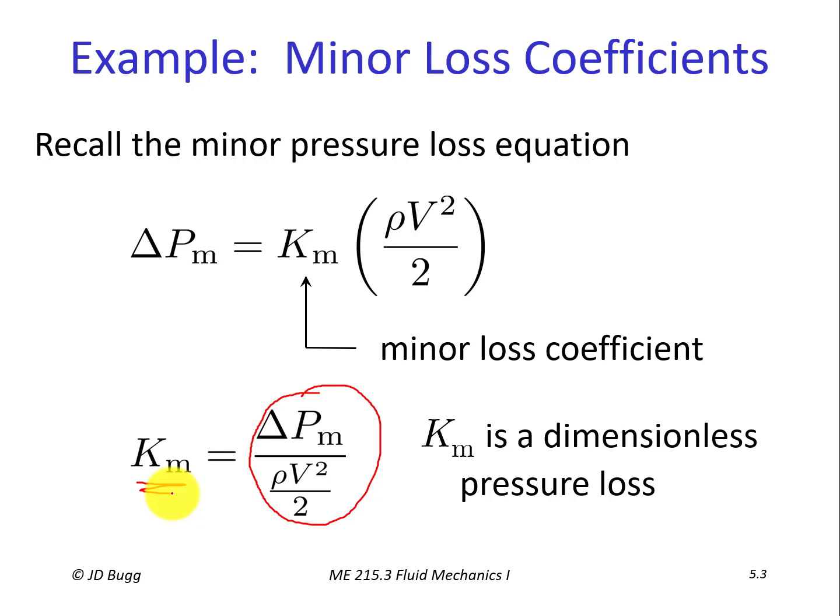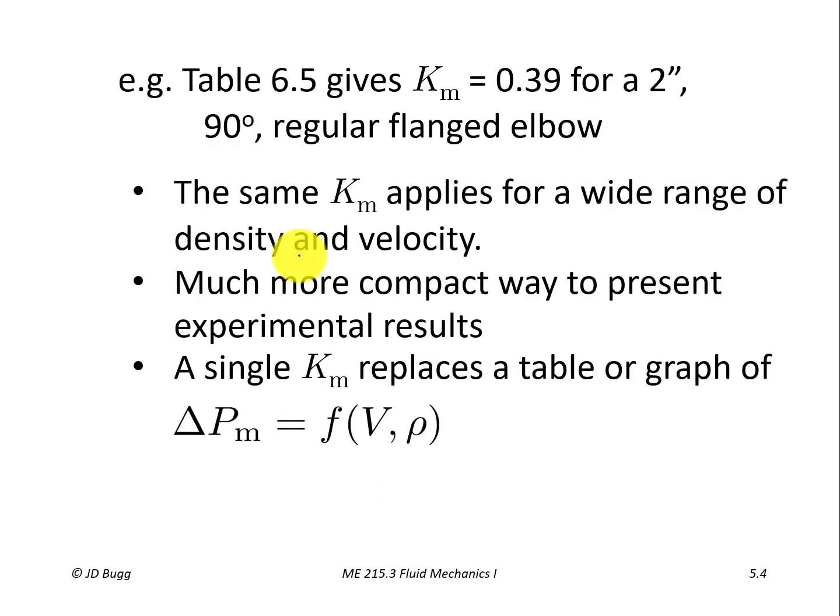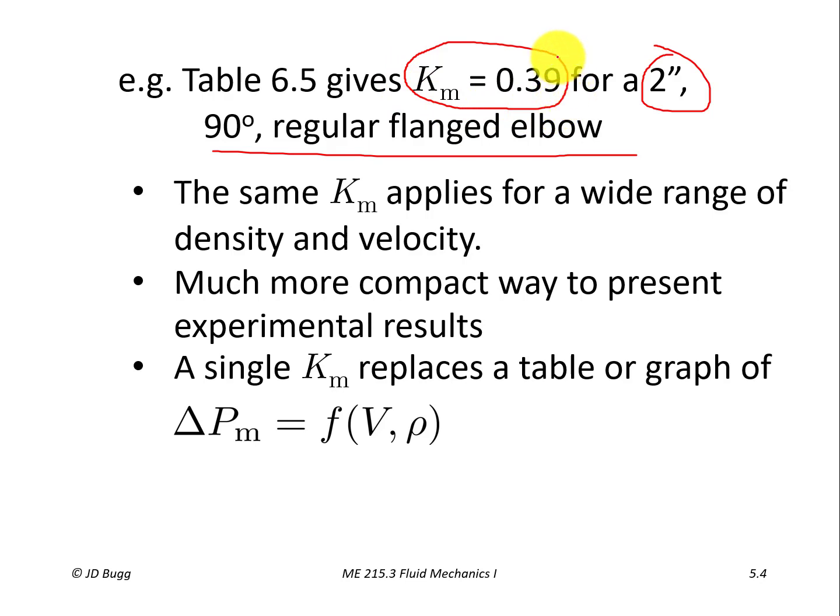Well, let's take a look at why it's such a good idea to represent minor losses as a dimensionless group like this. So as an example, if we take a 90-degree regular flanged elbow and we look in our textbook, happens to be a 2-inch elbow, table 6.5 tells us that the minor loss coefficient for that elbow is 0.39.